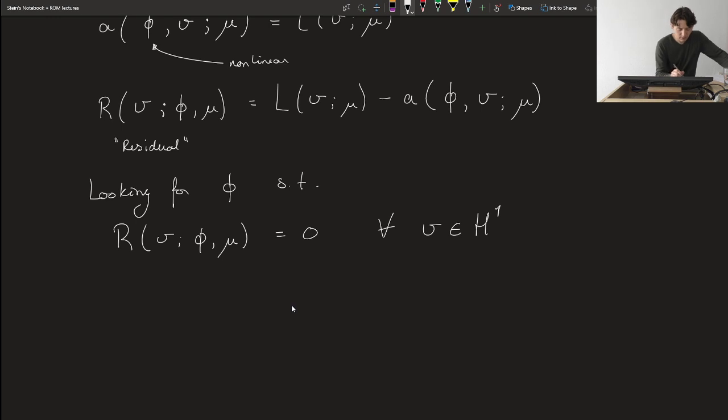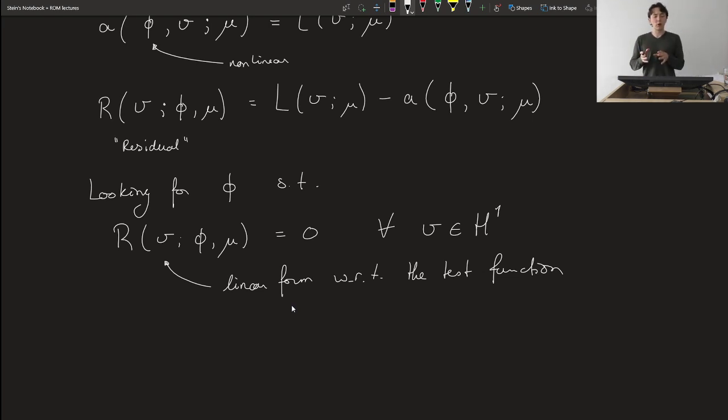Now, so the residual is a linear form with respect to the test function. What was a linear form? Well, a linear form in everything that we've been talking about is some operation, some object that takes a function in our Sobolev space and gives us a number.